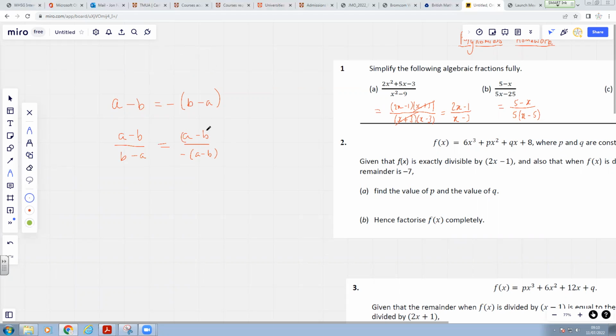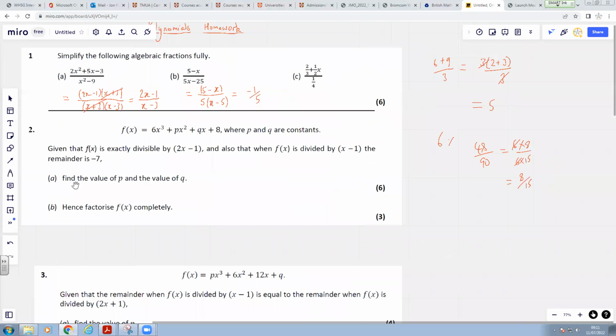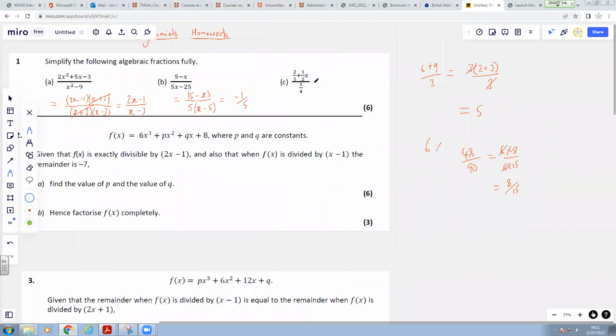But the point is, you get minus 1. You always get minus 1 if you do a minus b divided by b minus a. Use numbers if you're not convinced. But what that means is over here, we need to make this minus 1/5. And that's quite subtle. I think most will miss that. I really do. I'd be surprised if a significant number of students didn't miss that.